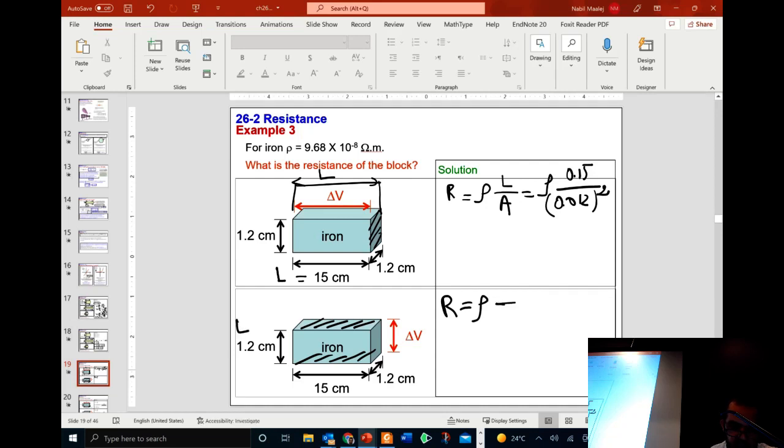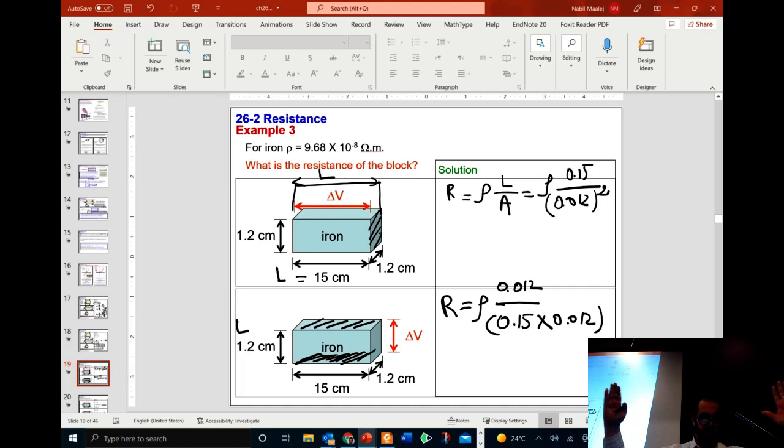So this is times 0.012. And what is the area in this case? The area is now 0.15 times 0.012. So even though it's the same block, because in one situation the voltage is placed across these areas here, and in the second case it's different areas, you get different resistance.